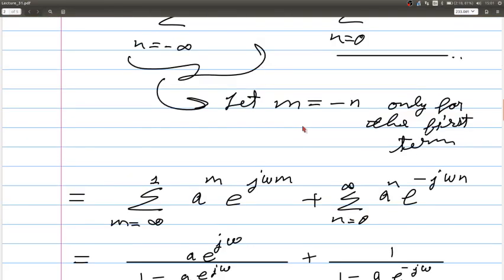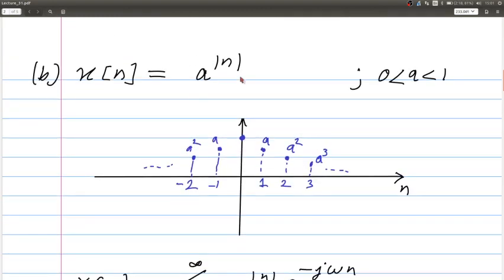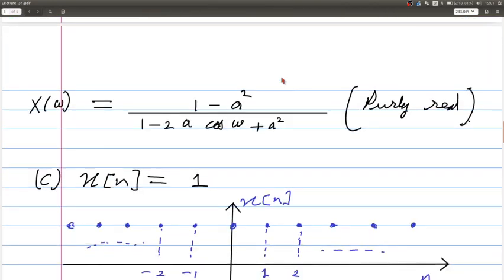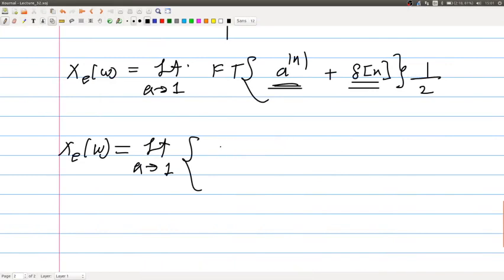Yeah, so the Fourier transform of a to the power mod n comes out to be 1 minus a square divided by 1 minus 2a cos omega plus a square, right?